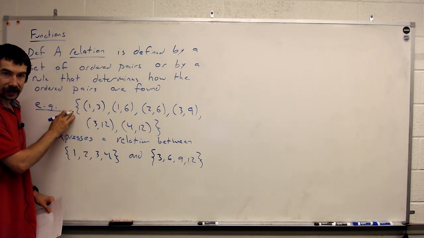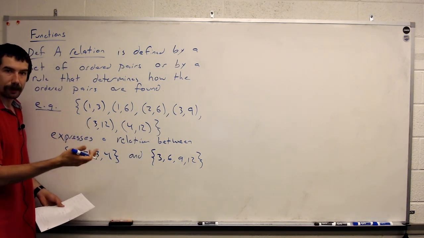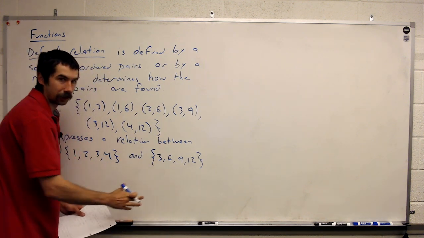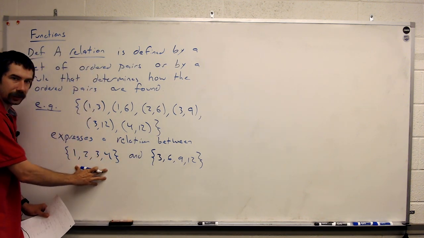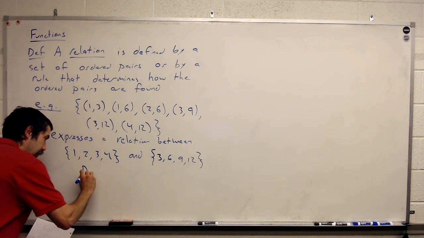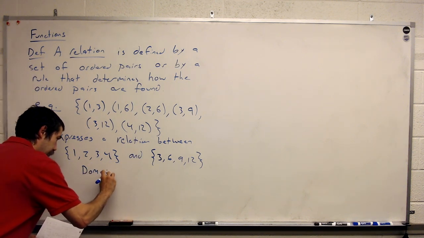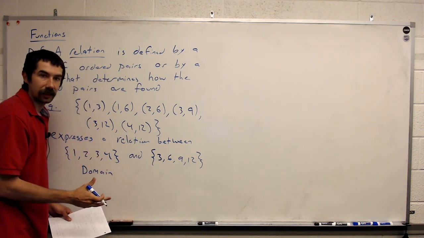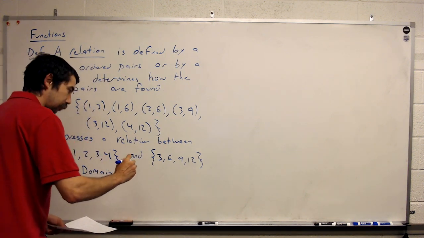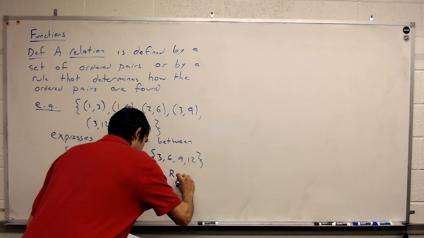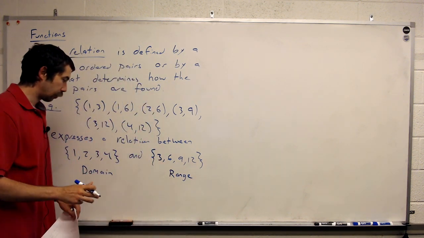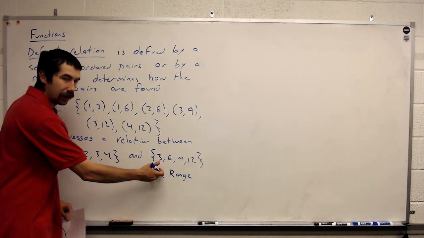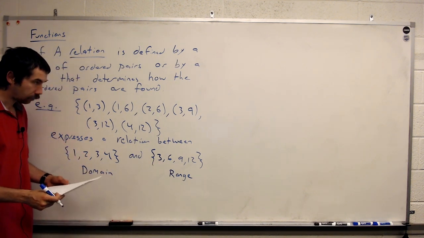Okay, so this set of ordered pairs describes a relation between this set of numbers and this set of numbers. The first entries, this is called the domain. And the second entries, that's called the range. Okay, and it is possible that one of the numbers appears both in the domain and the range.